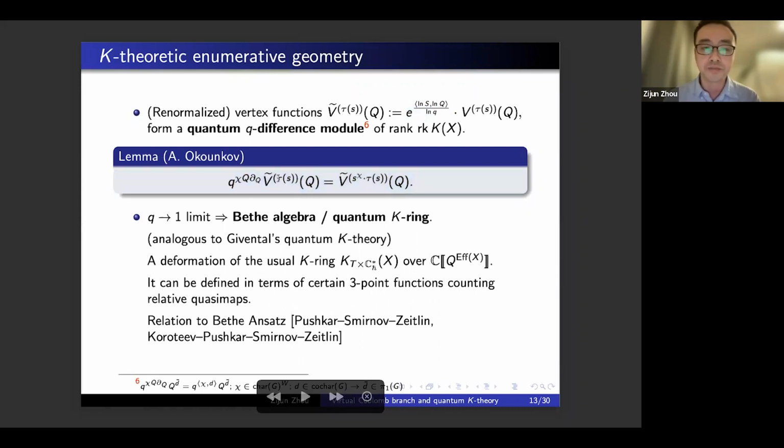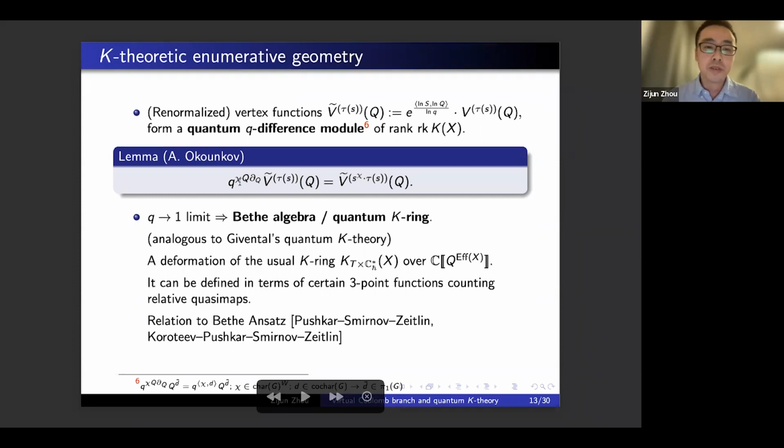This is the q-difference equation stated for these descendant vertex functions. If you shift this Kähler parameter capital Q by a q-difference operator, then you get another descendant vertex function, but this descendant is multiplied by this chi, and this chi comes from the chi here.